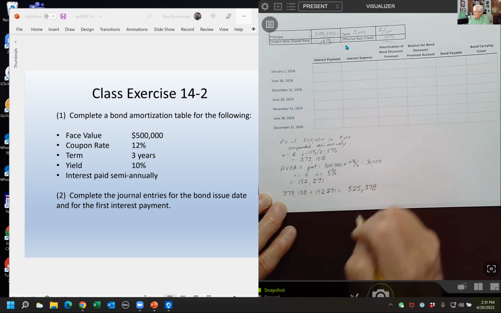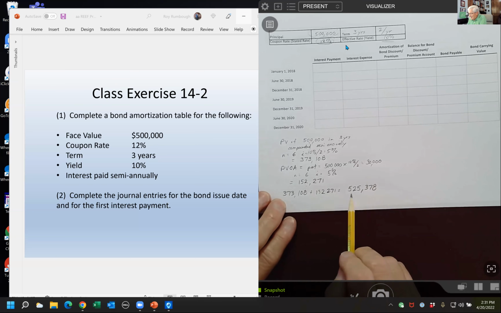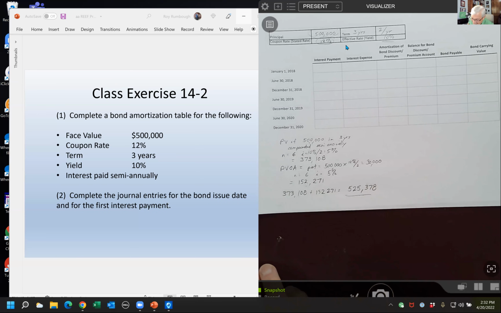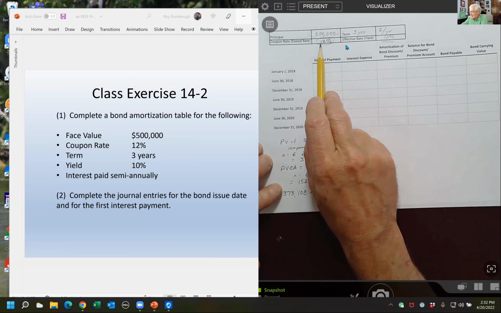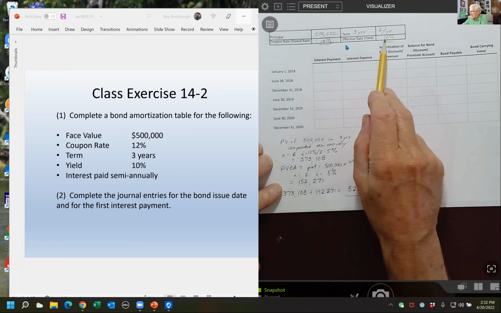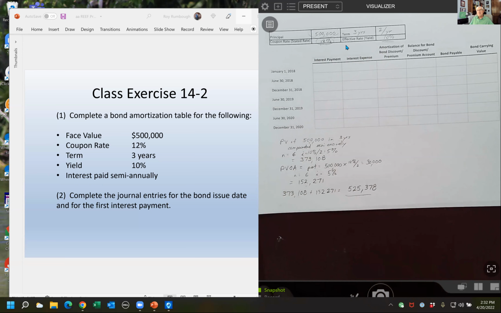$378. And so, oh, by the way, I totally misspoke here. That's dumb old me. They're paying more. The coupon rate is 12%. The market rate is only paying 10%. Because I kept saying it's a discount. No, they're going to receive more because they are paying more interest along the way.